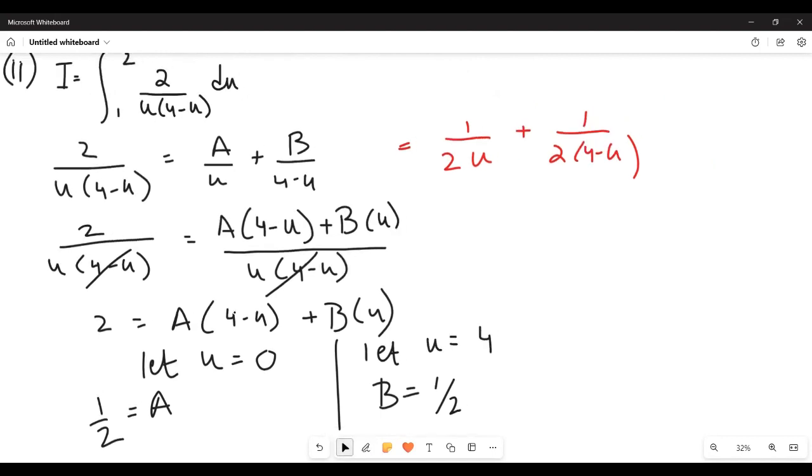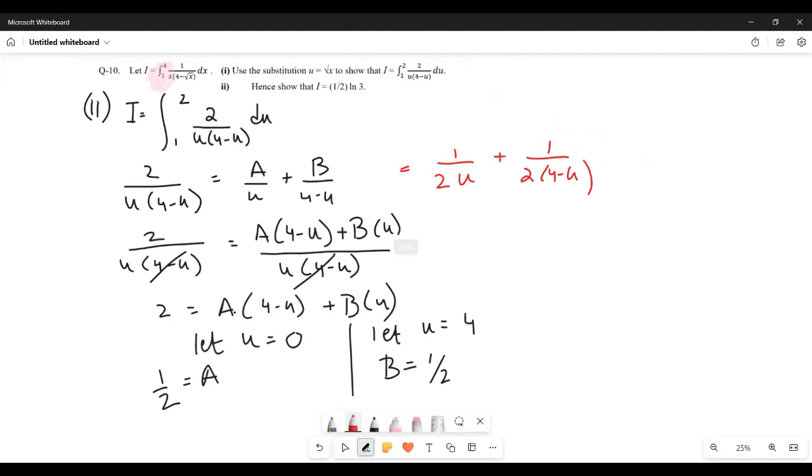So we're going to integrate the partial fraction. So, integral from 1 to 2 of 1/2u plus 1/2 times 1/(4 - u). Split the integral sign.